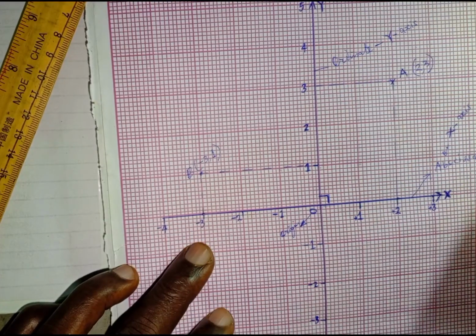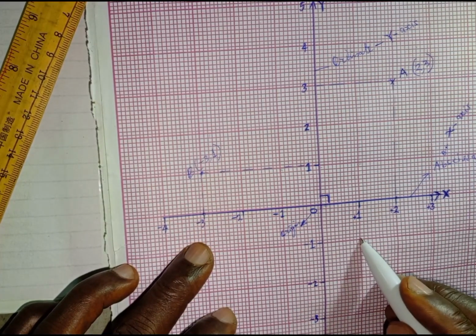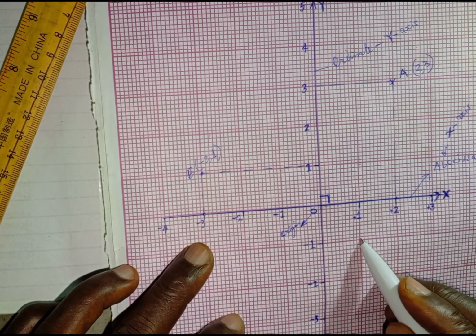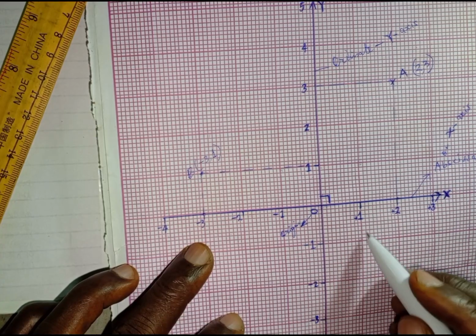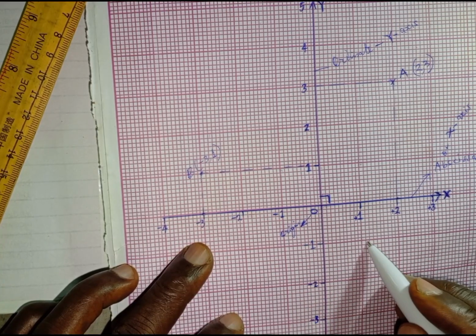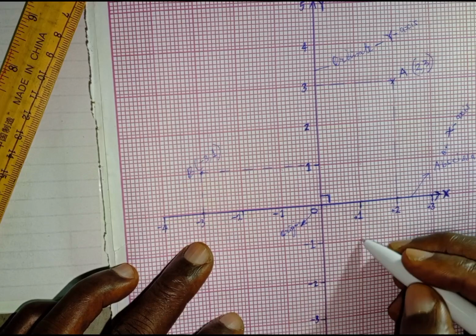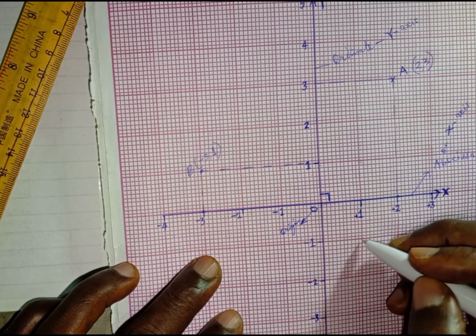So these are the 2 points. You can also create another point here if you wish to, which is plus 1, minus 1.